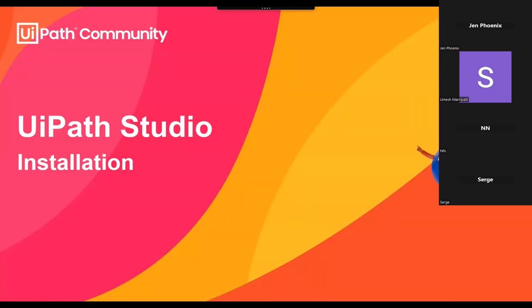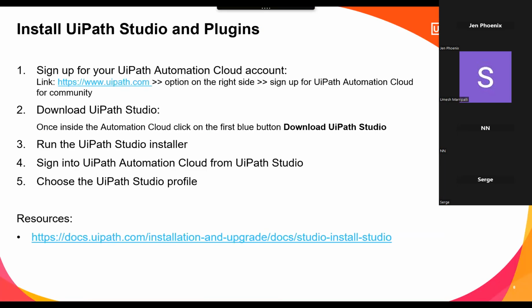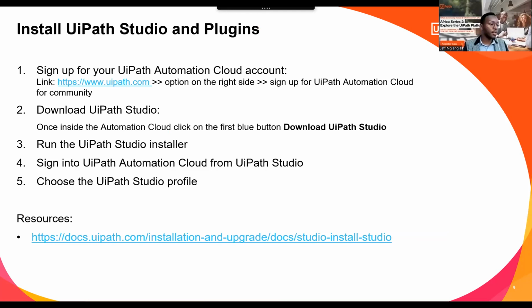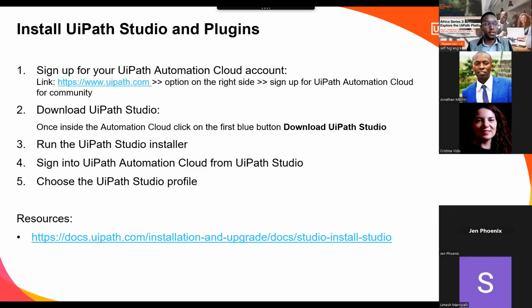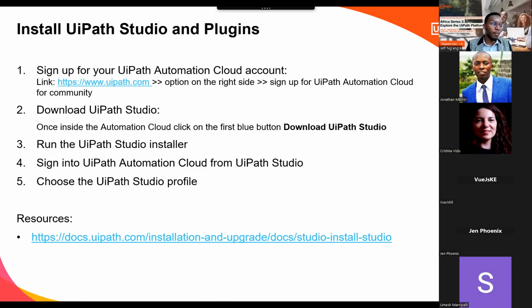The first thing we'll do is see how you can install UiPath Studio. You do this through the official website. When you go to the official website, the first thing you have to do is create a UiPath Automation Cloud account. Throughout your work with UiPath Studio, you're always going to be using your UiPath Automation Cloud account.